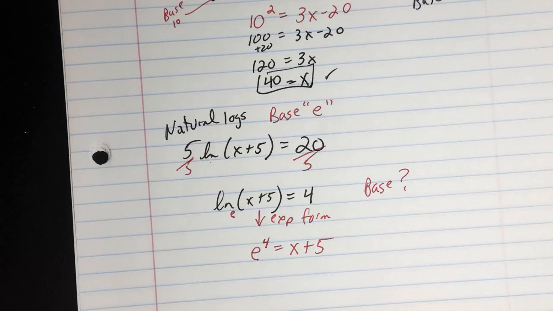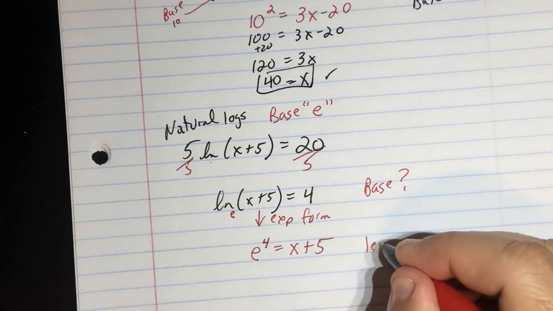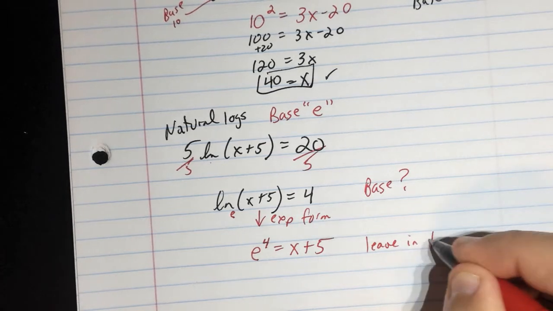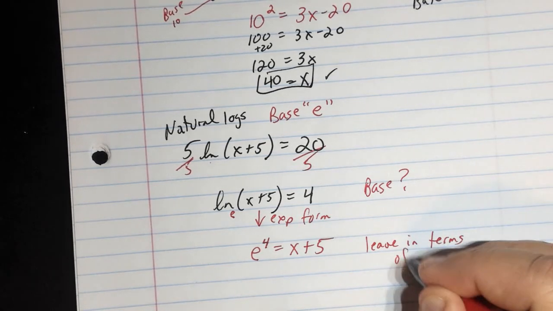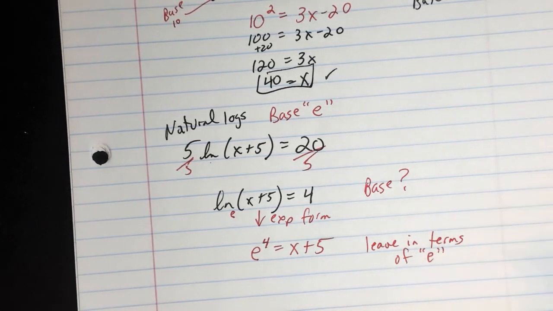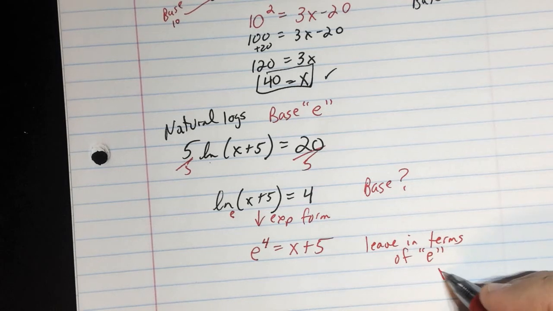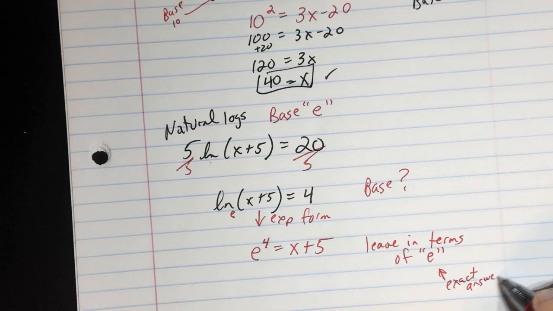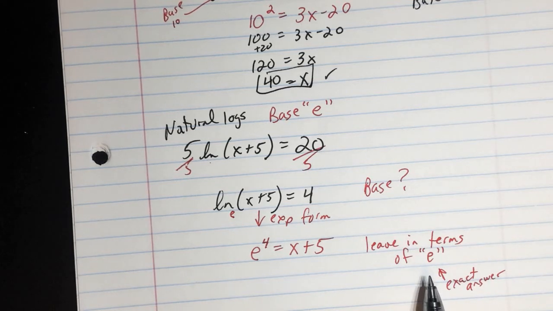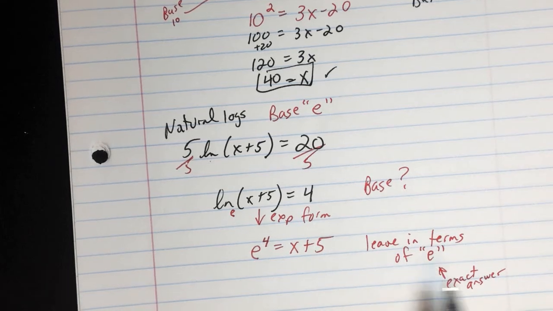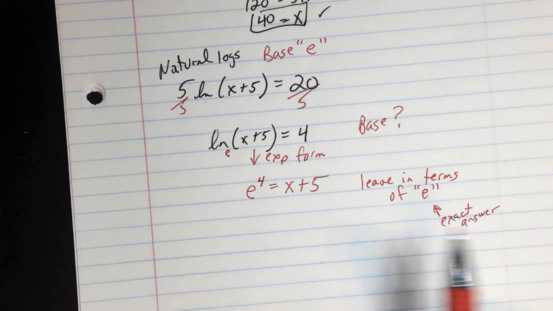You can leave it in terms of e. This is what they call the exact form, the exact answer. And remember, we used to leave pi, or equations using pi, in terms of pi. Same idea. Remember, e is a number, pi is a number, so same idea.